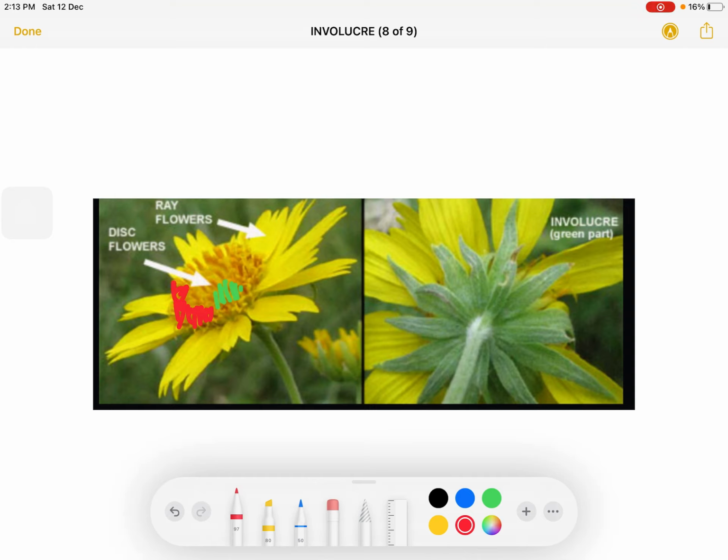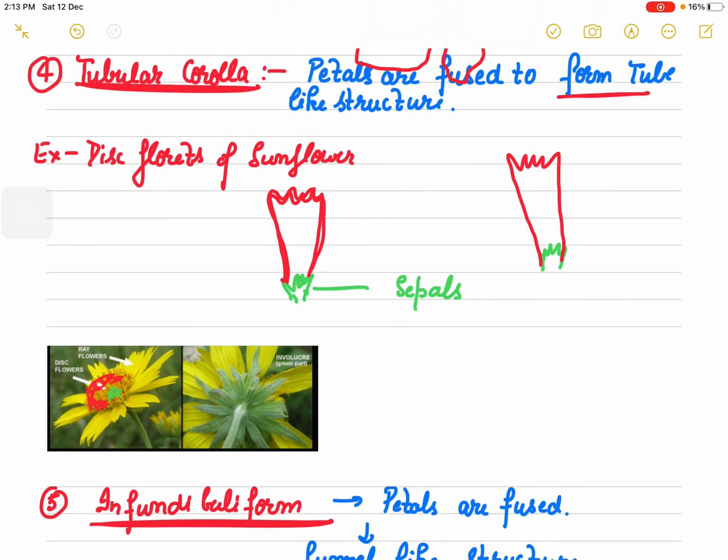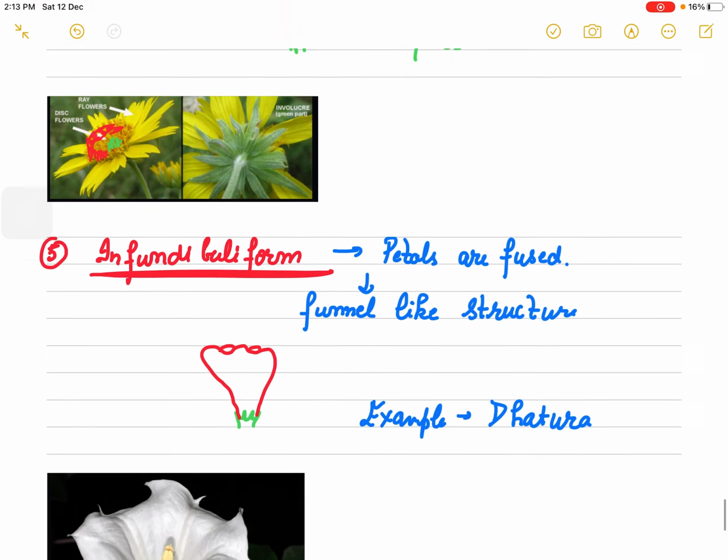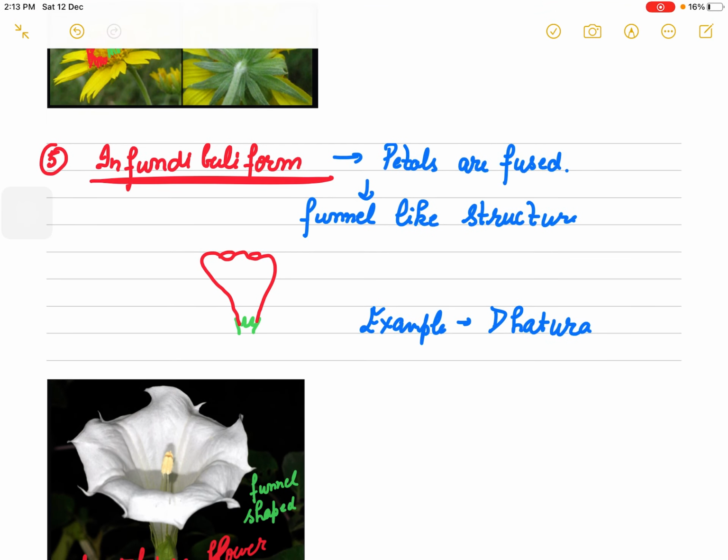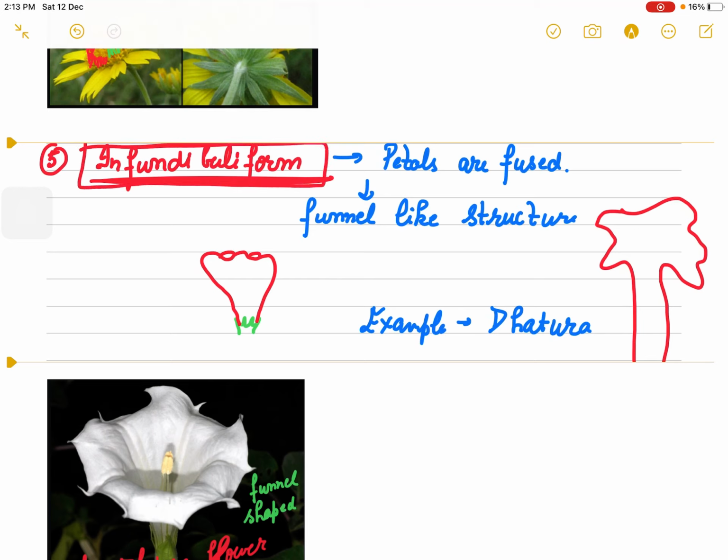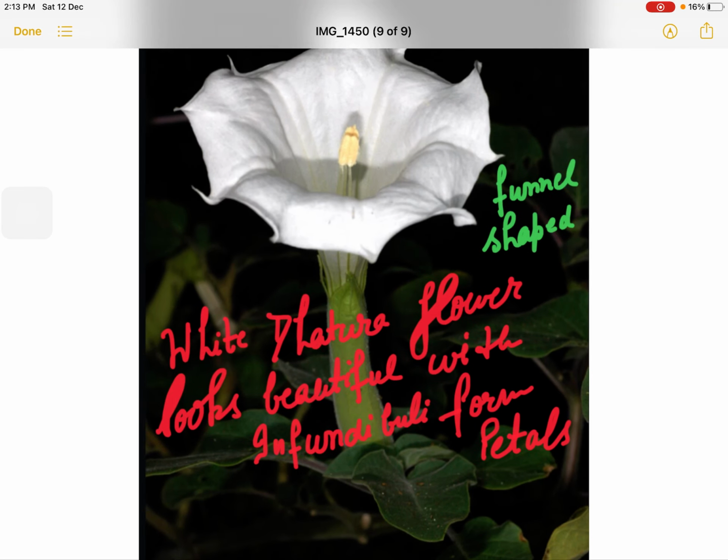So this fused form of disc florets is known as which type of corolla? Tubular corolla. Now if petals are fused but flask shaped, then this type of corolla is known as infundibuliform, and it is observed in Datura.